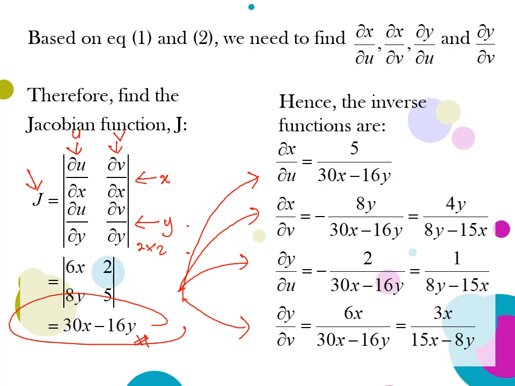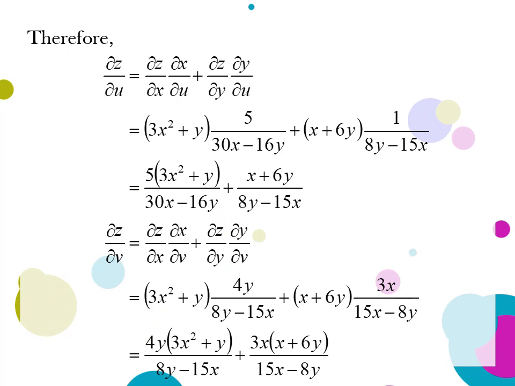Okay, right, and then you can substitute all the partial derivatives involved into the first chain rule and the second chain rule. Thus, this is the answer for your question. Okay, alright, so done.